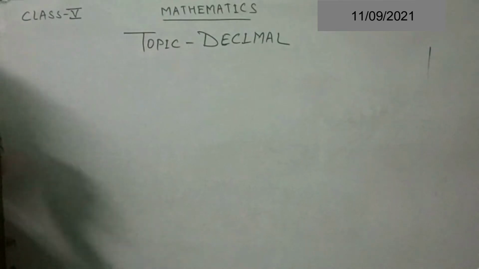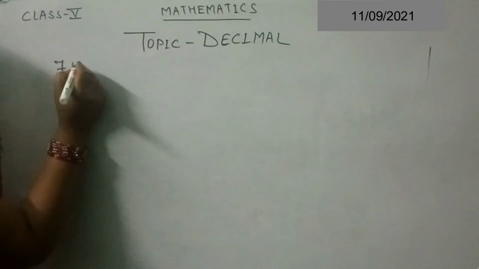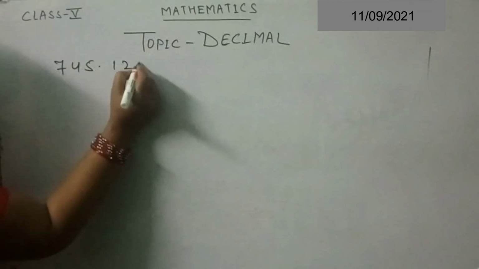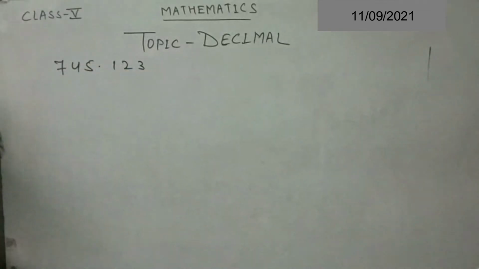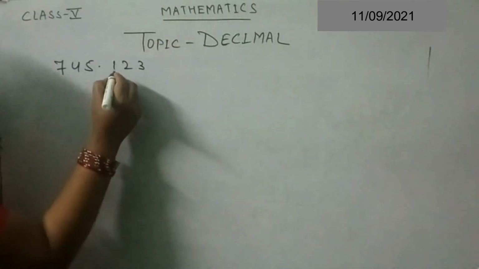Students, how to read a decimal number. One example, 745.123. Listen, how to read the number. I told you, this one is the tenth.